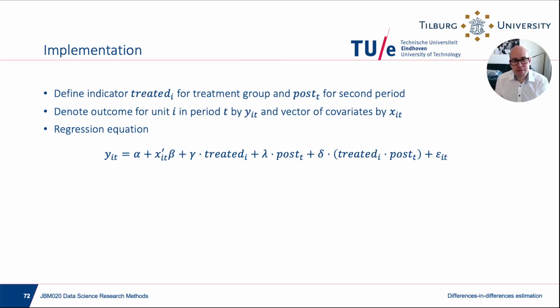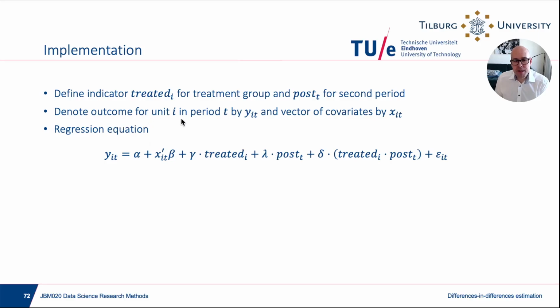So what you see from this is that I'm going to have my observations indexed by i and t. So i stands for individual or unit i, and t stands for period. And period could be 1 and 2 or 0 and 1. So all you need is a pre and a post period. And post will indicate that the data point is from the post period.